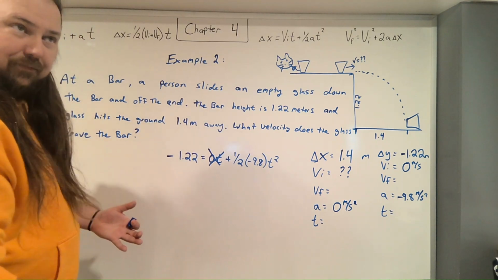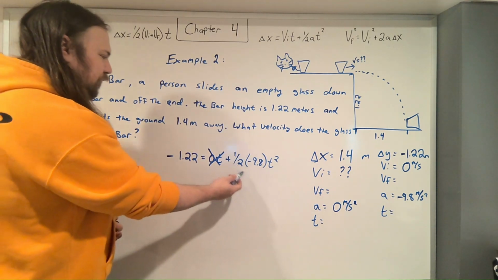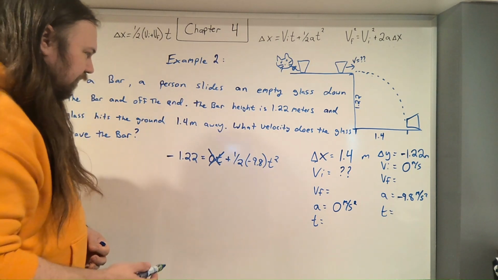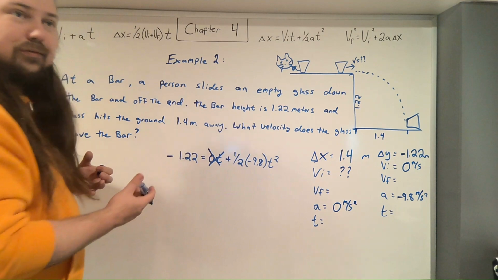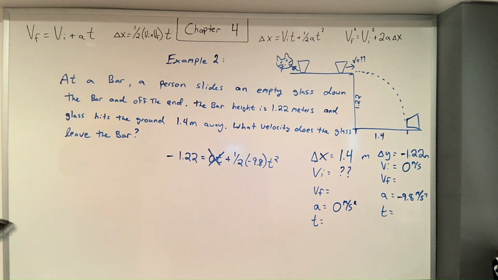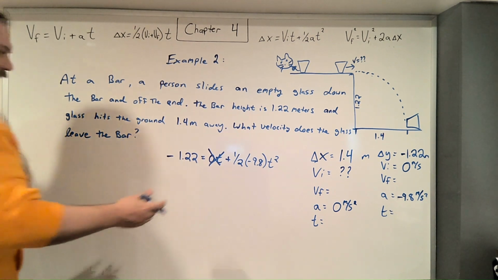So now all we have to do is we have 1/2 of this negative 9.8, and we need to divide that over to the other side. Okay? So what do we get there? We're going to have a negative 4.9 getting divided over.